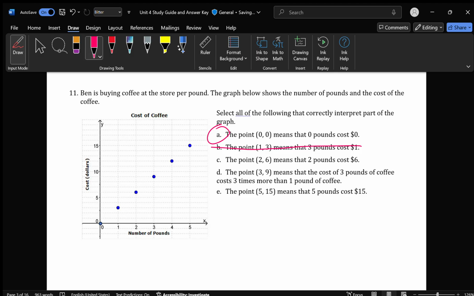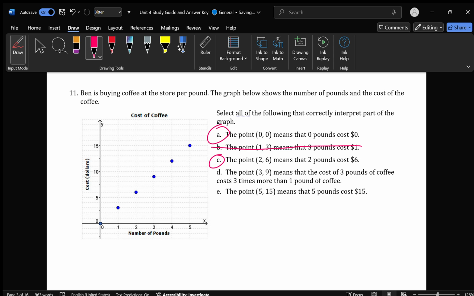Point C, the (2,6) means that 2 pounds cost $6. Well, our x is our pounds, so yes, 2 pounds should cost $6. Letter D, the (3,9) means that 3 pounds of coffee costs 3 times more than 1 pound of coffee. This is where ratio comes in.